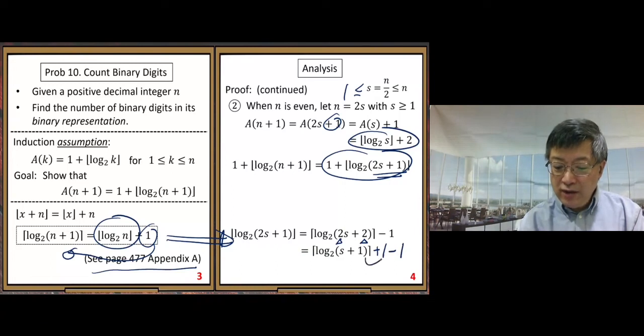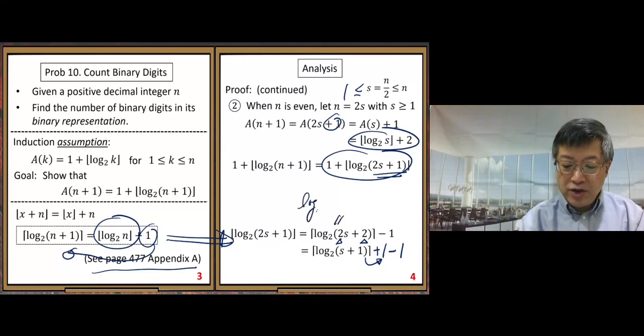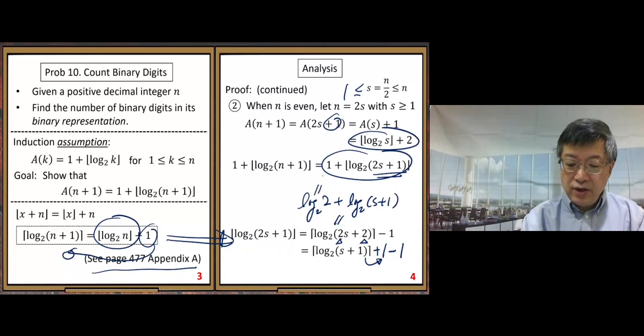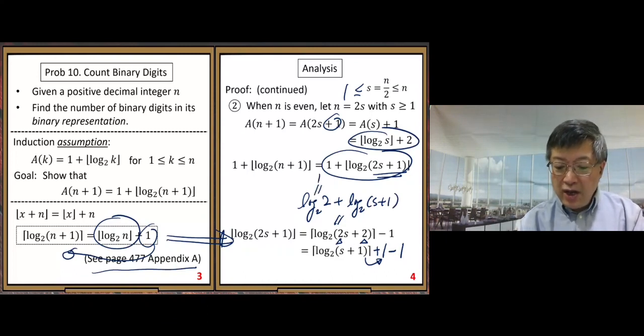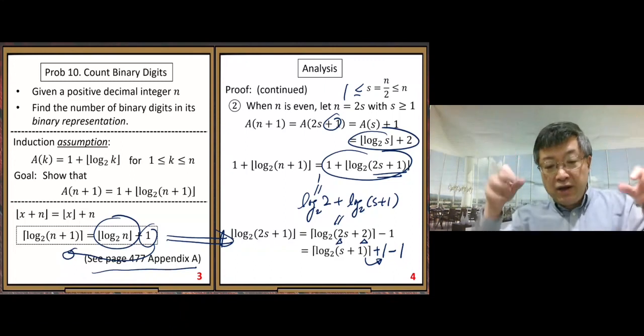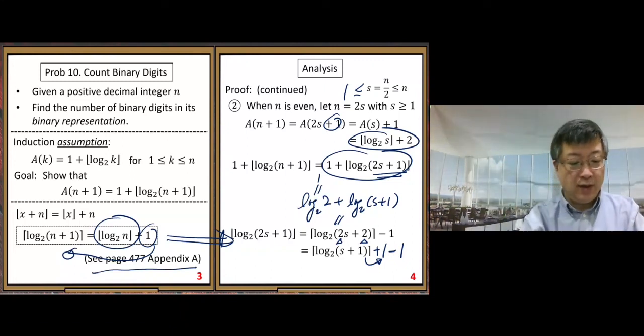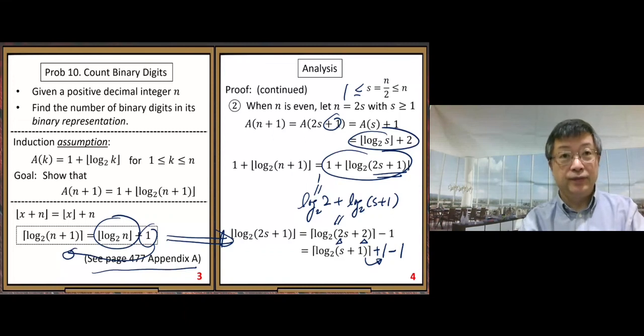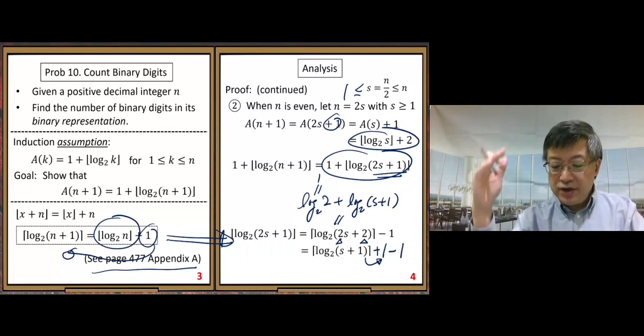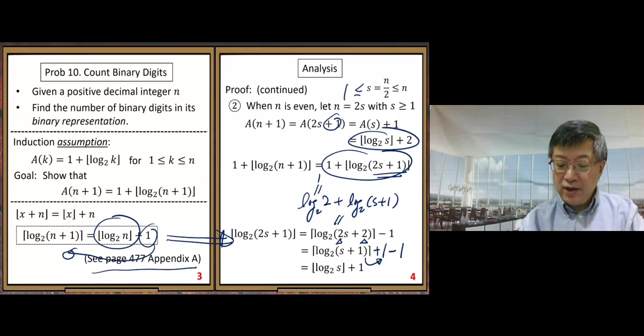Because there is 1 inside that 2. If I run one more step, 2 plus s plus 1, this equals 1. 1 inside the ceiling function bracket, we can pull it out. So we have this 1 minus 1, so that's why it is gone.